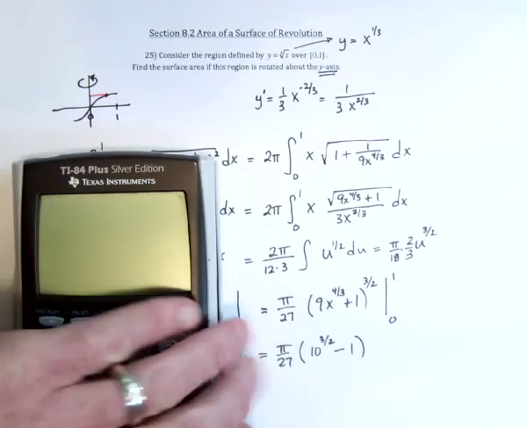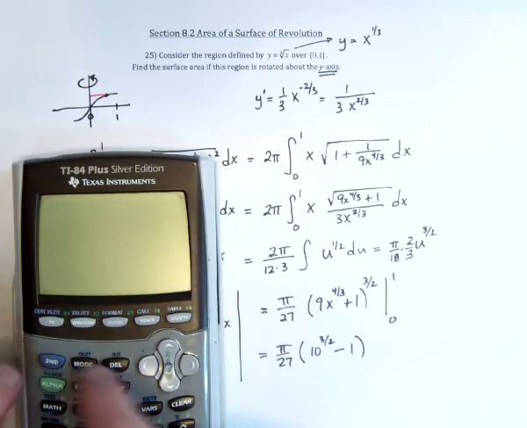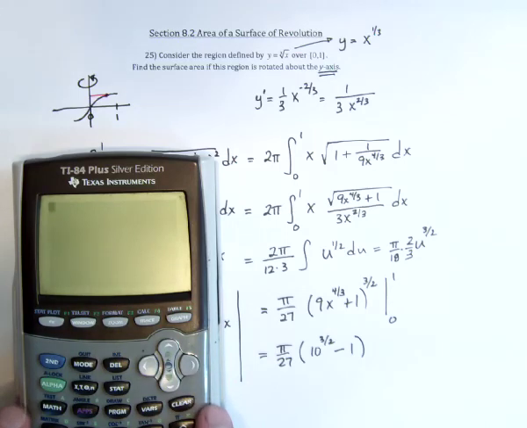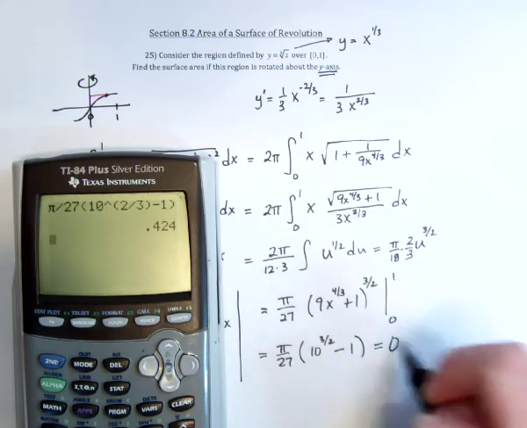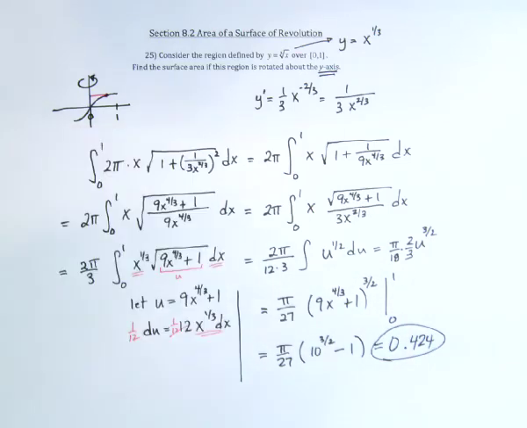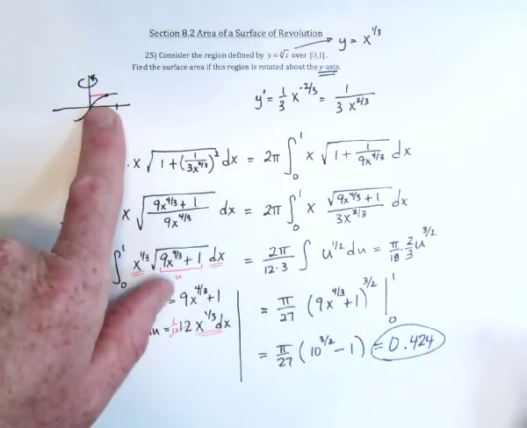And then as a decimal answer, we would get, let's see, pi divided by 27, and then 10 raised to the 3/2 minus 1. So it's going to be pretty small, 0.424. But then again, we are talking about the cube root function, that is pretty small.